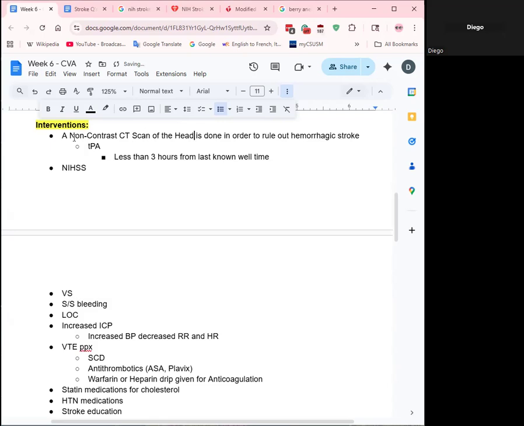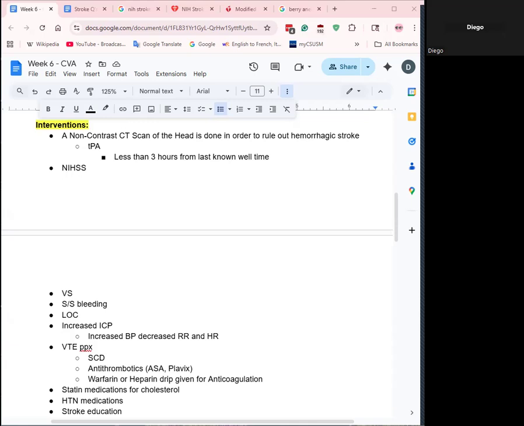And the reason for that is because the treatment for a hemorrhagic, a bleedy stroke, and an ischemic stroke is completely different, because one of them is going to want clot busters and anticoagulants, versus the hemorrhagic stroke, where if you give them that stuff, it's going to make it worse. So the difference in that will make a large difference in their treatment. It's one of the most important things that needs to be done.